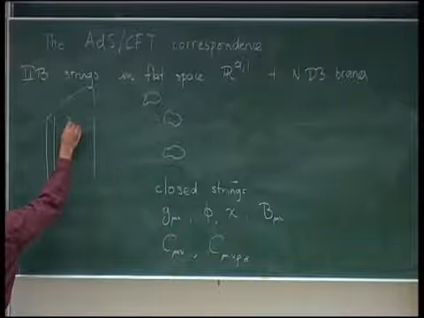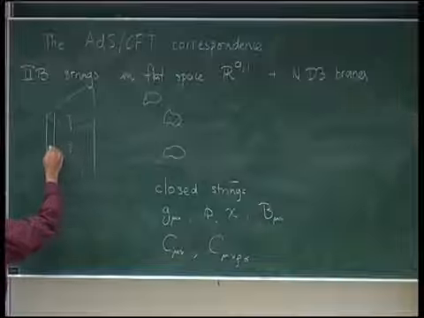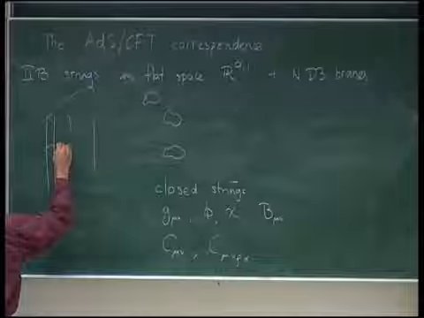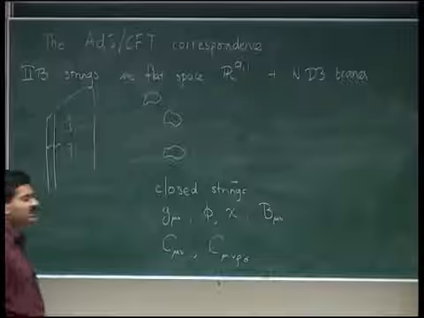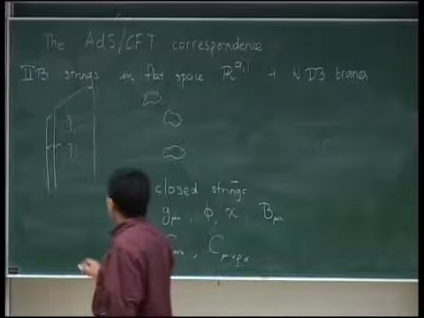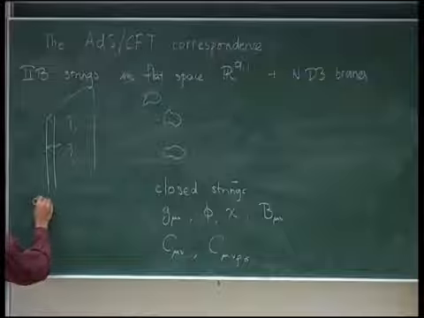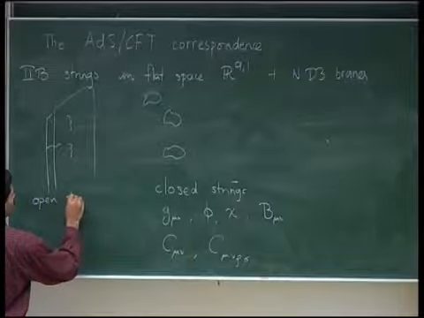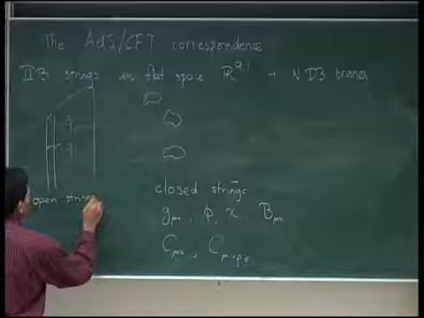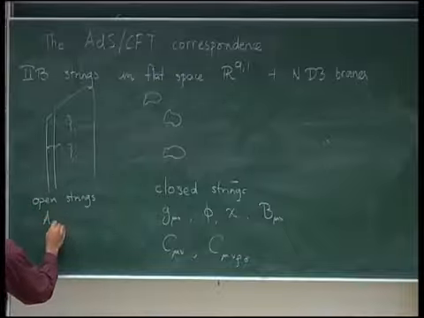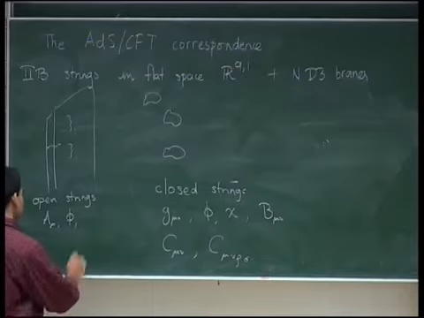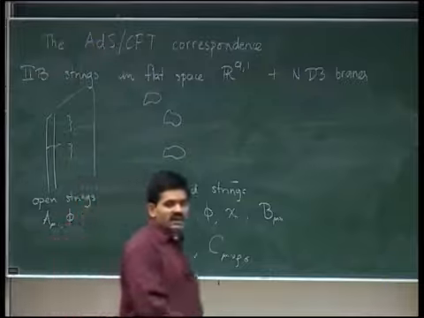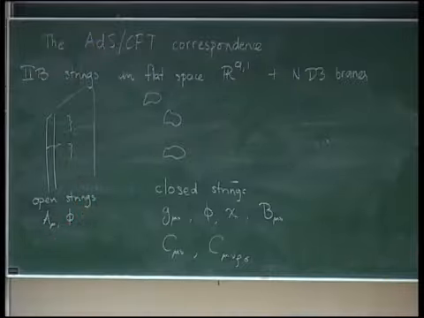On the branes itself, we have some open strings which are confined to live on the branes because the open string endpoints have to be stuck to the branes, and the open string spectrum contains gauge fields, some scalars, and so far I'm just writing out for you what the bosonic fields are.